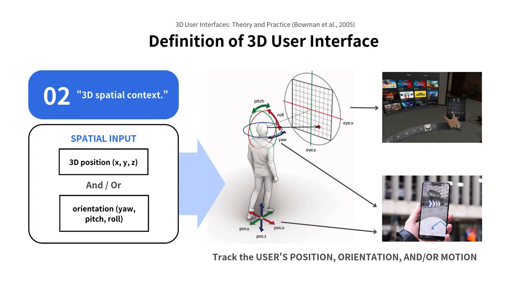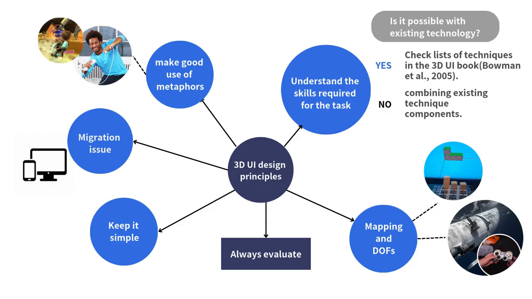For example, gesture devices like Leap Motion let users move virtual objects. Adding haptic feedback lets users feel virtual objects. This mix expands what 3D UI can do.